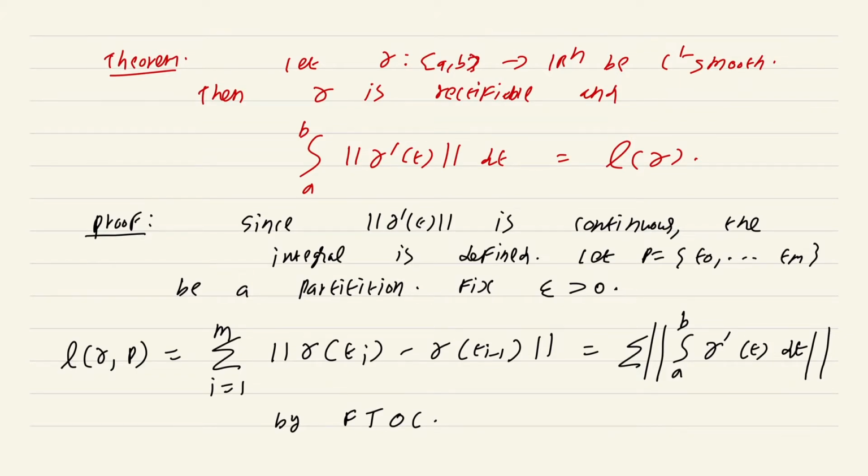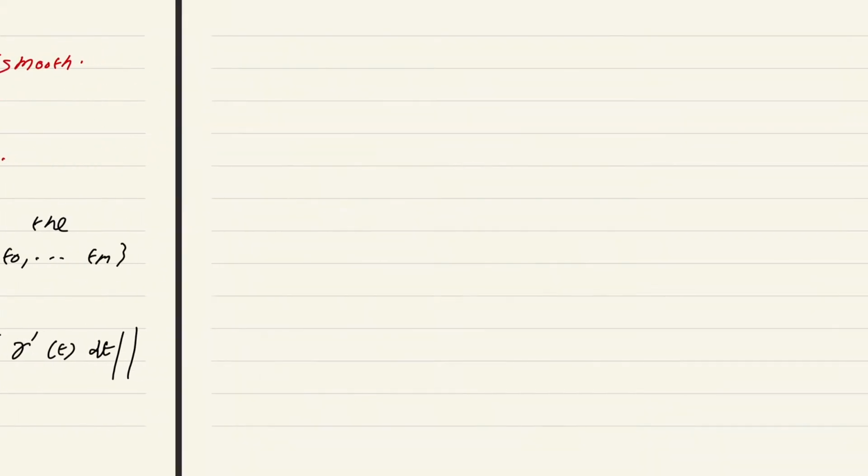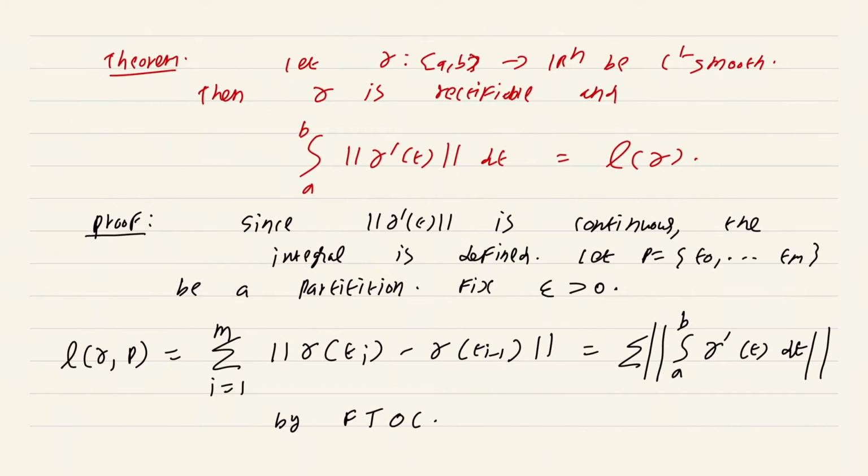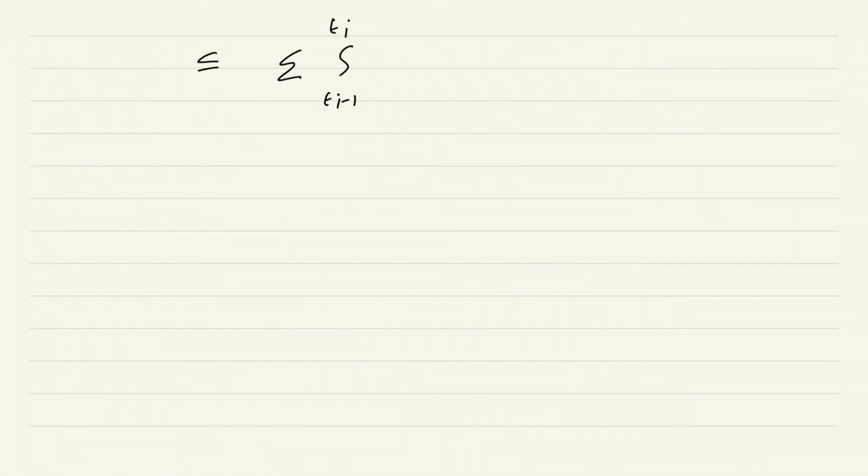We just proved a lemma and we are duty bound to use a lemma that appears just before a theorem. So this quantity is less than or equal to the summation of the integral from ti minus 1 to ti of norm gamma prime of t dt, which is in fact nothing but the integral from a to b of norm gamma prime of t dt.